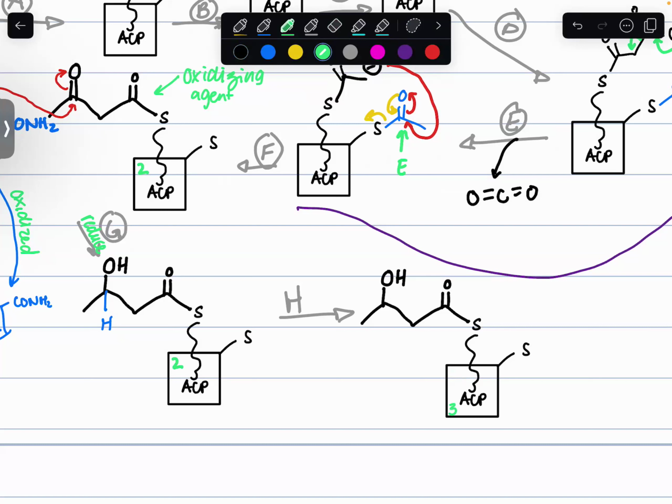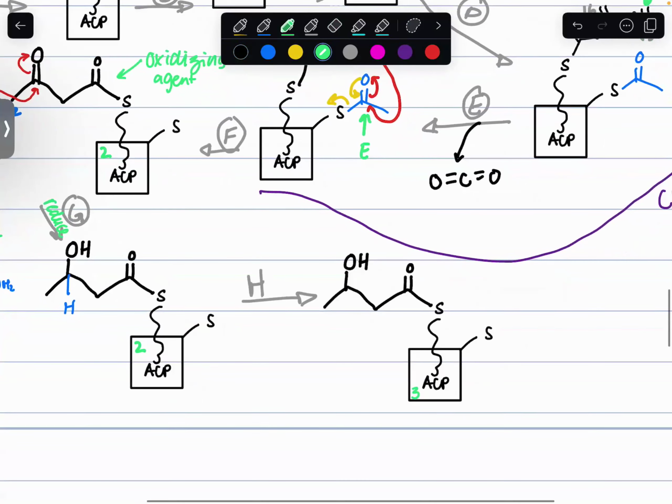Who remembers what step 3 is? Elimination. Who remembers any mechanism of elimination? No one. Okay. So elimination is where we form a double bond.